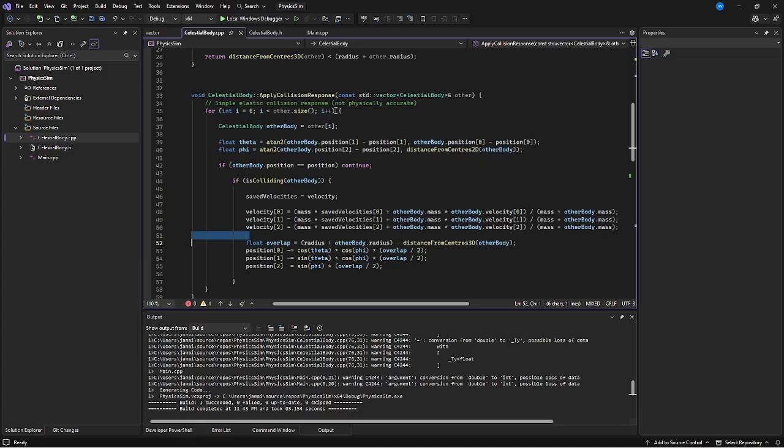So I'm dividing my total momentum, or PT, over MT. And that's going to give me my total velocity. And the total velocity is shared, so they'll both get the same velocity, if you know what I mean.